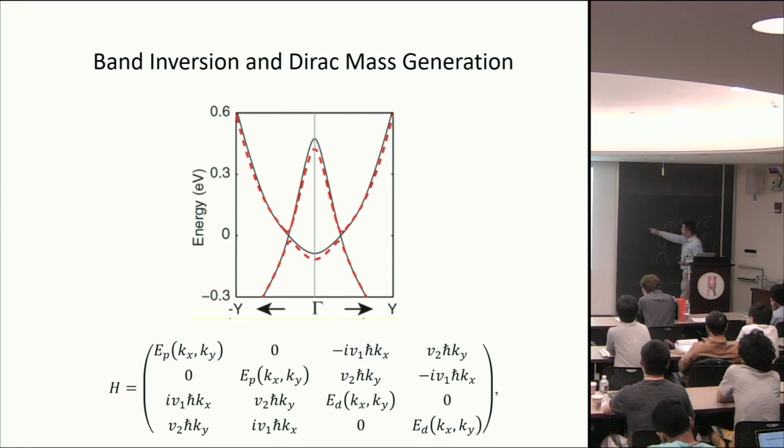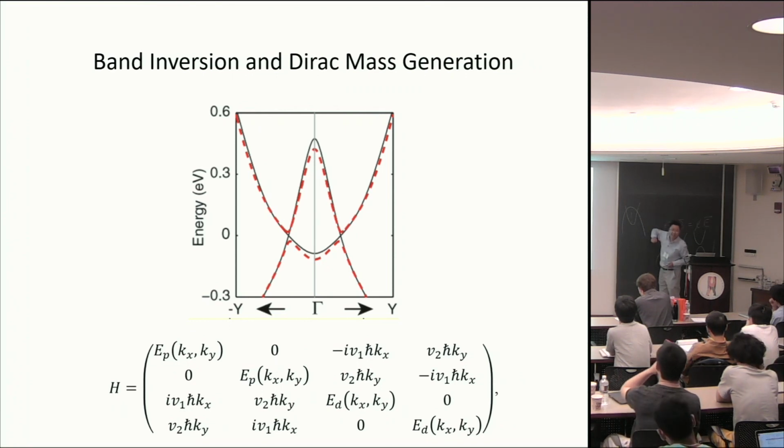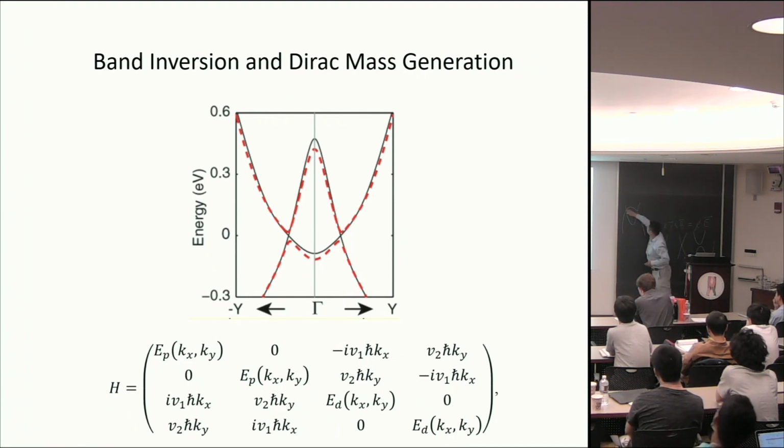While in these systems, the bands are inverted by a large amount. There's a big inverted gap at gamma. But without spin-orbit coupling, there are these symmetry-protected Dirac points, due to this PT symmetry. And then spin-orbit coupling opens up a small gap, so that in this insulating state the fundamental gap is not at gamma, but at the original Dirac point. So these 2 scenarios: this is more for mercury telluride, the Bernevig-Hughes-Zhang model, and this is more like the Kane-Mele.